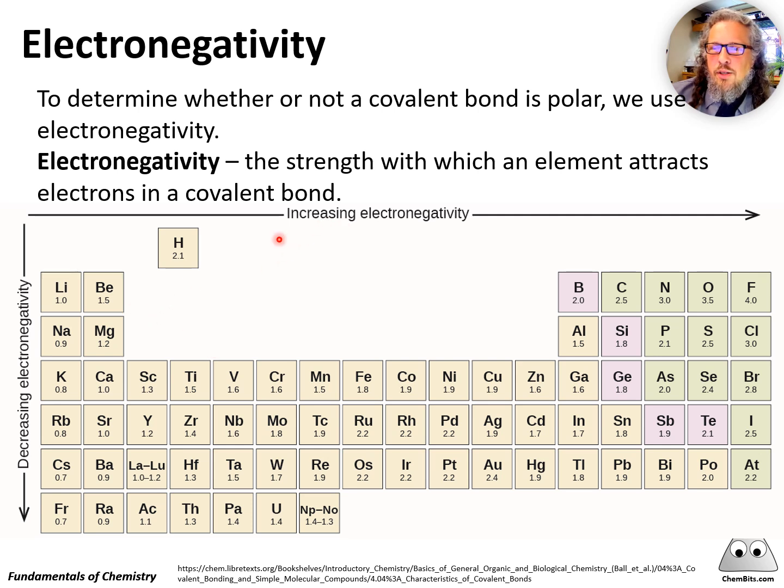As I go from left to right, things get more electronegative. As I go from bottom to top, things get more electronegative, which means fluorine is the most electronegative element on our standard periodic table. So fluorine always will pull electrons stronger than other elements.